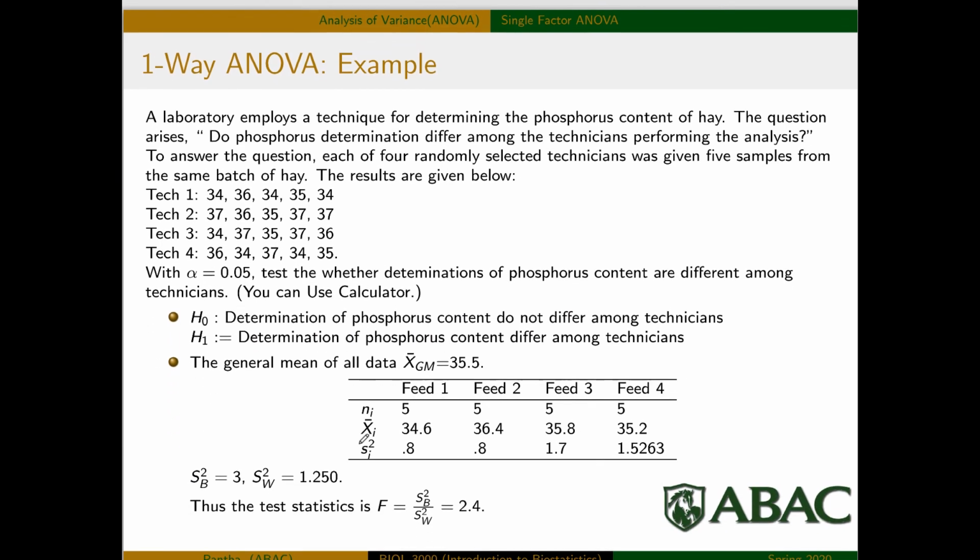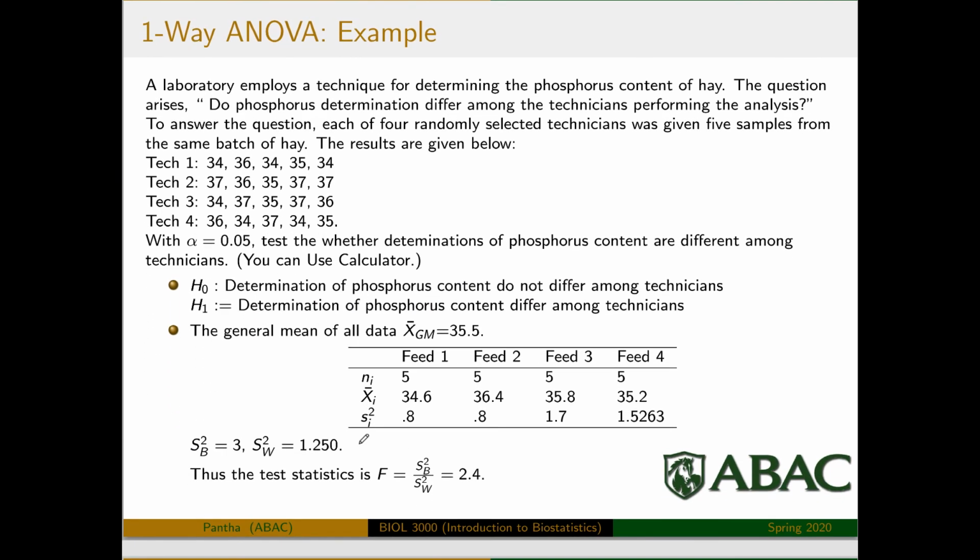Okay, so there is another example. This is exactly similar to what we did. A laboratory employs a technique for determining the phosphorus content of hay. The question arises, do phosphorus determinations differ among the technicians performing the analysis?